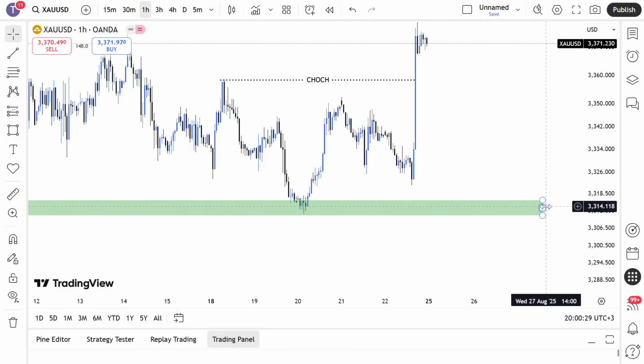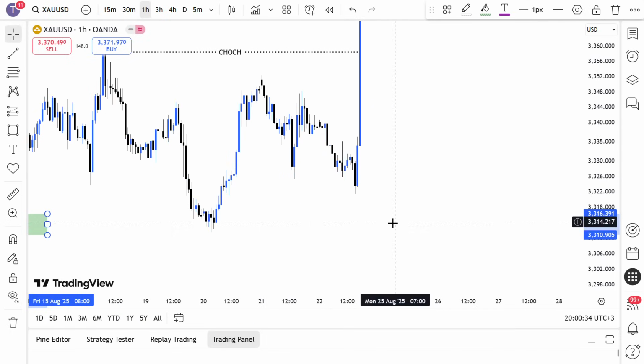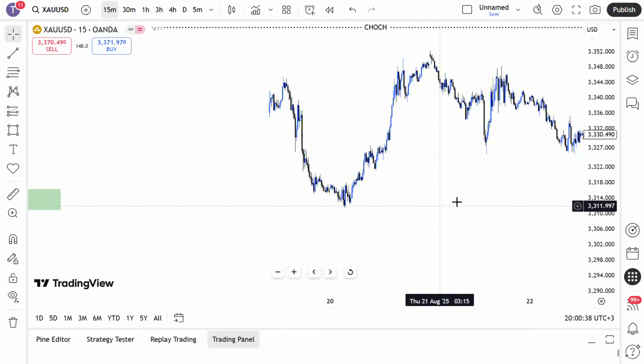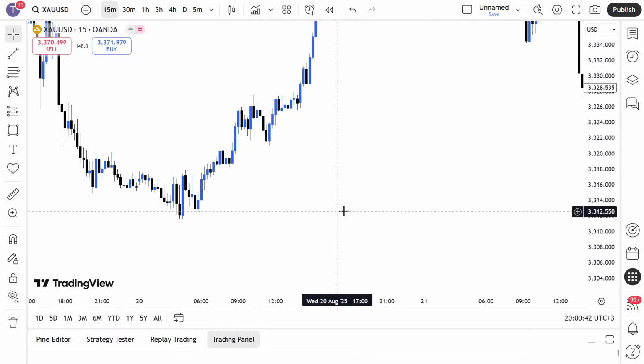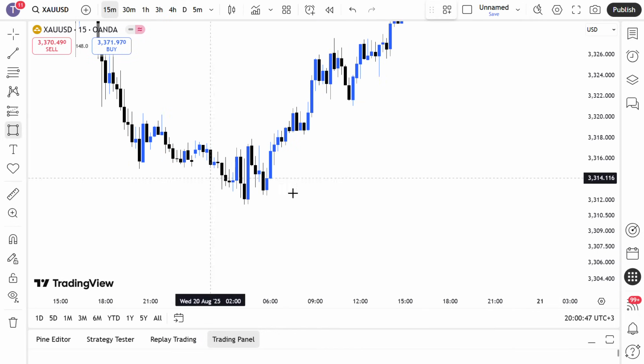So that is where the order block comes in, and I marked the last order flow from the 15 minutes time frame. I like the 15 minutes time frame. So I am going to mark the last order flow that will make my order block.